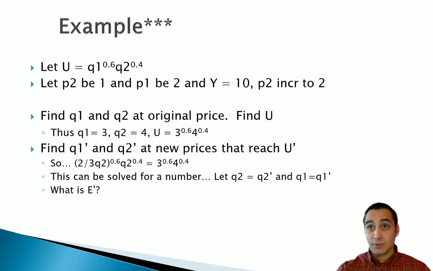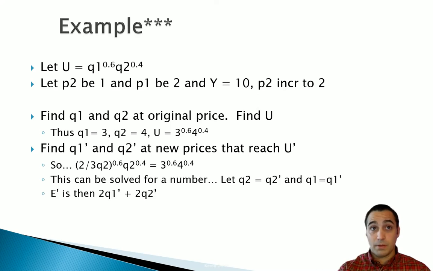Note, if we have numbers, they'll be messy, but they're still numbers, for Q2 prime and Q1 prime, how can I find my total expenditure, i.e. my E prime? Well, just take Q2 prime and Q1 prime, multiply them by their prices, and add them together. That'll give you E prime. Our E prime will just be 2Q1 prime plus 2Q2 prime. With this, how can I find my CV?